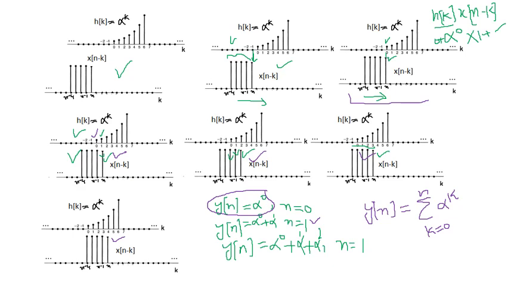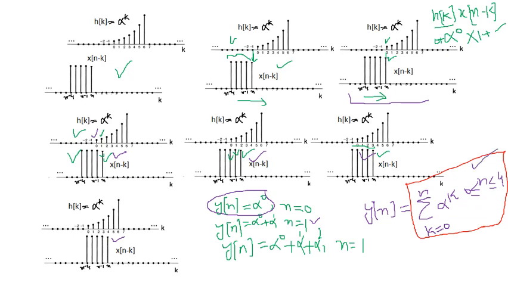This mathematical representation is valid for what value of n? It is valid for n greater than or equal to 0 and less than or equal to 4. So this is the generalized expression for this one.